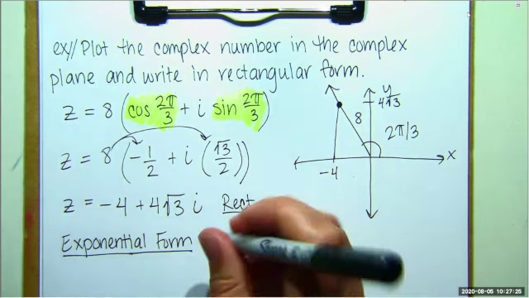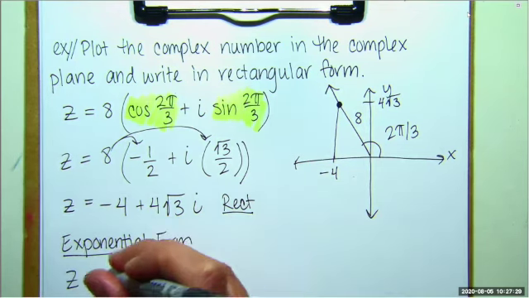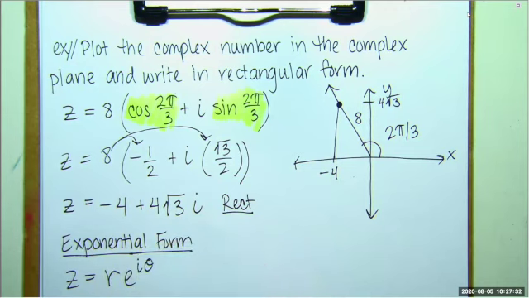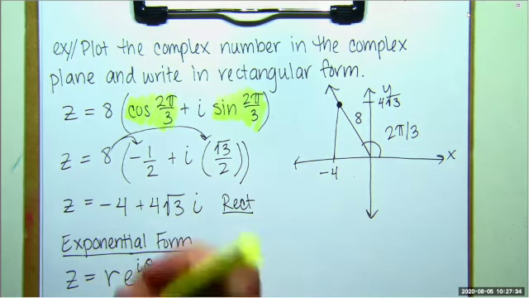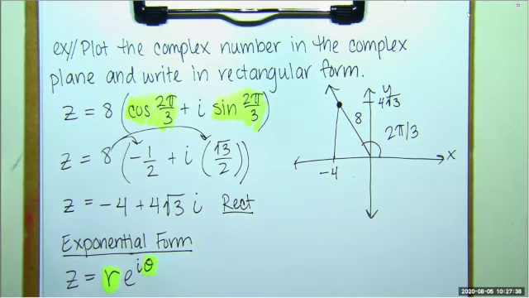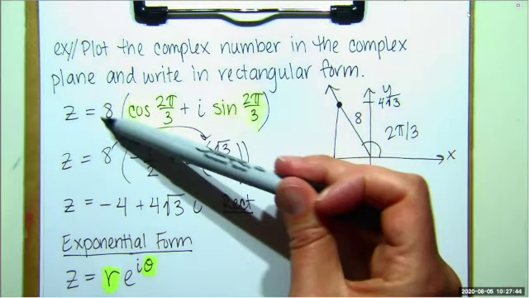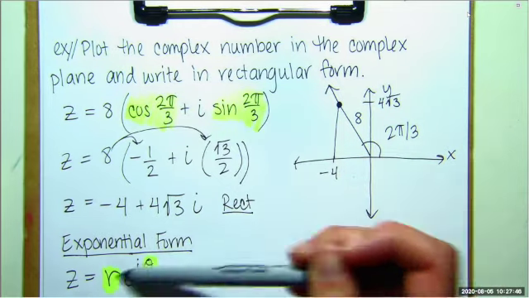In exponential form, a complex number z is equal to r e^(i theta). And what we need to do is fill in r and fill in theta. And theta has to be in radians. So all we do is go up here to the polar form. This is r and this is theta, and we just plug them in.